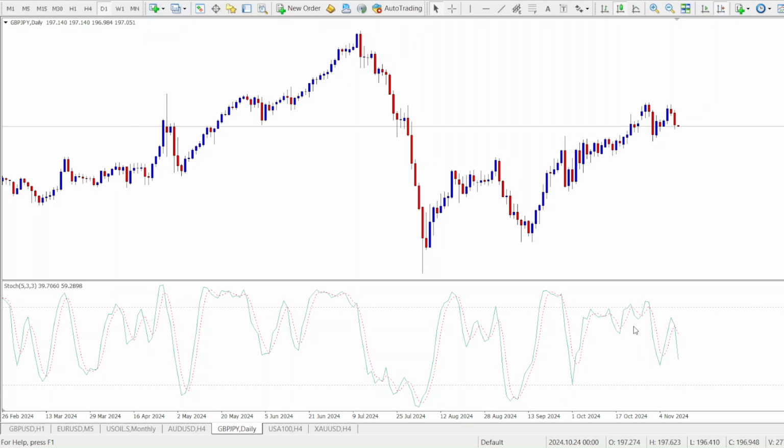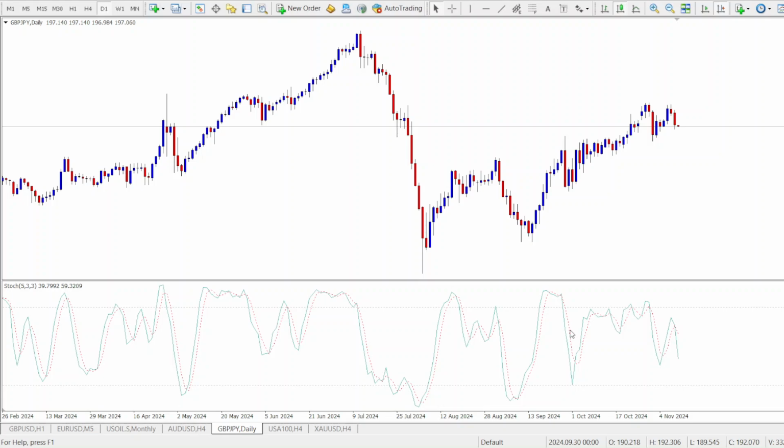Now, to set up this indicator, you need to open your trading platform. This is the MetaTrader 4 platform, by the way. So whether it is MetaTrader, TradingView, or any other platform that supports technical indicators, you need to, of course, add on the stochastic oscillator to the chart. You go to your indicators section, you search for stochastic oscillator, and you apply it to your chart.